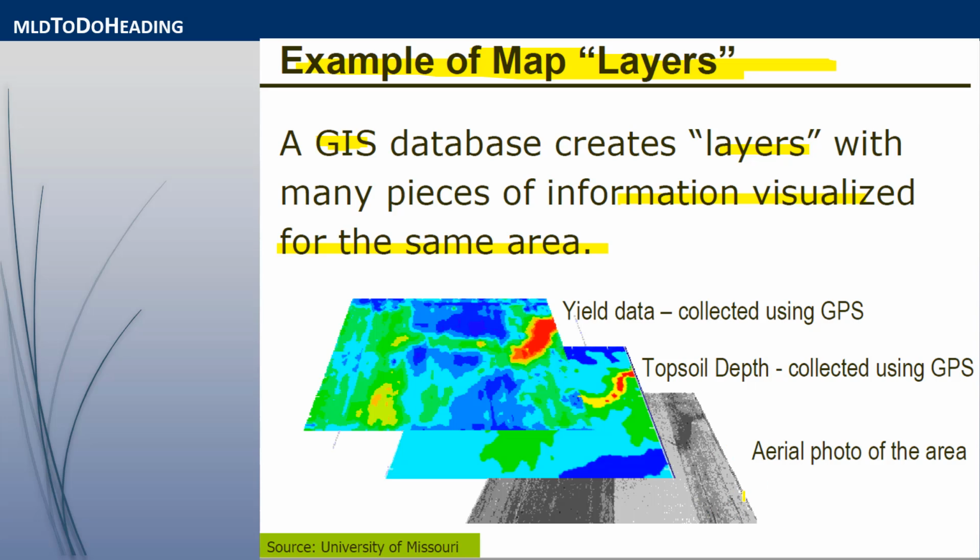In this case, the bottom portion was the actual aerial photo of the area, and after analyzing this aerial photo, the GIS software constructed the topsoil layer, and the yield data was shown in this layer. So in the form of layers, all this data is stored in the database.